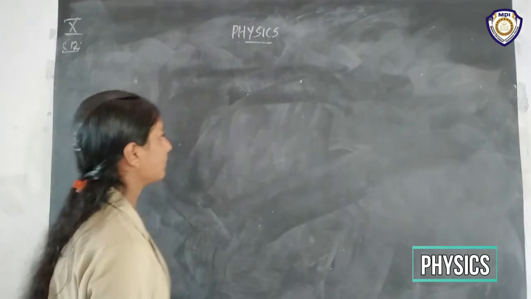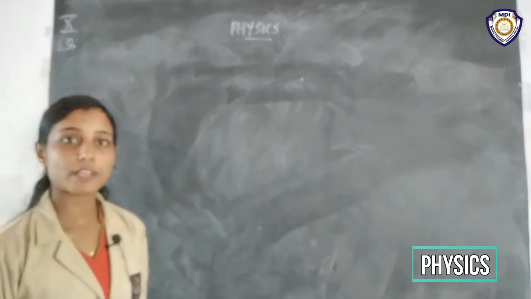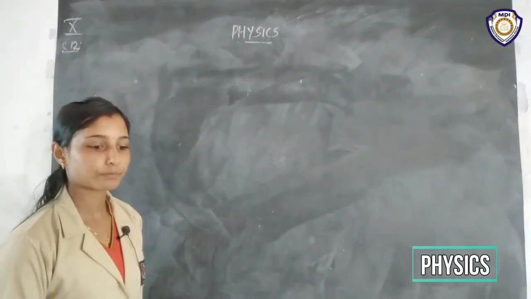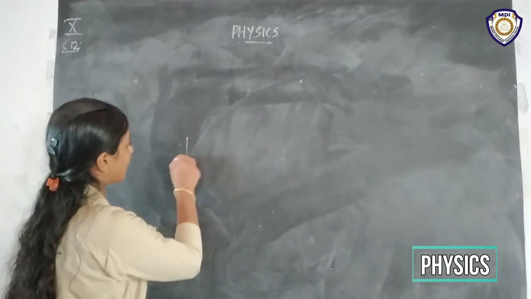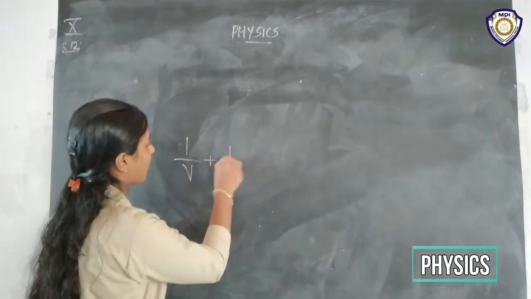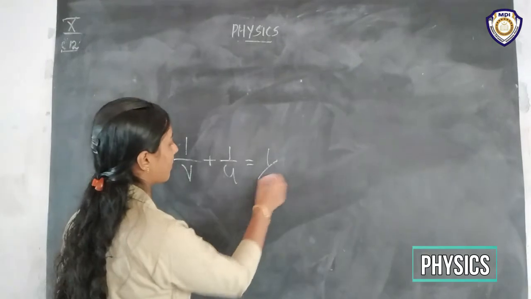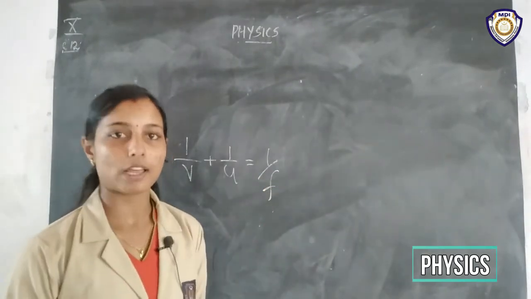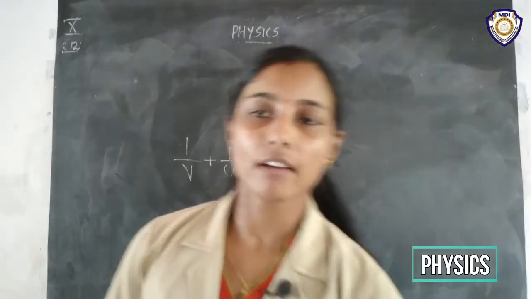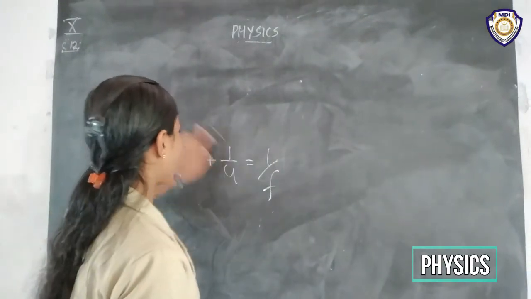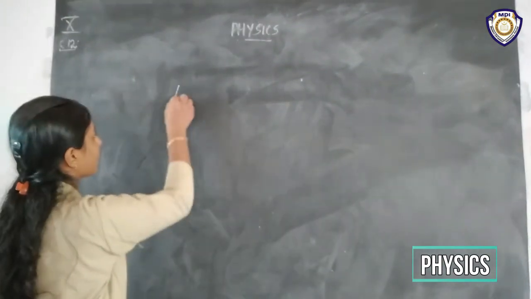So what is the mirror formula? The mirror formula is 1 by v plus 1 by u is equal to 1 by f. Like this, we have a lens formula also.